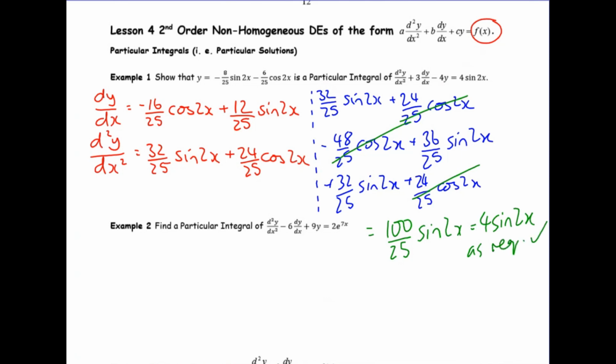Which demonstrates that this equation for y is a particular solution to this, particular integral we call it. Okay. And I'll refer back to this in a bit for what this means.